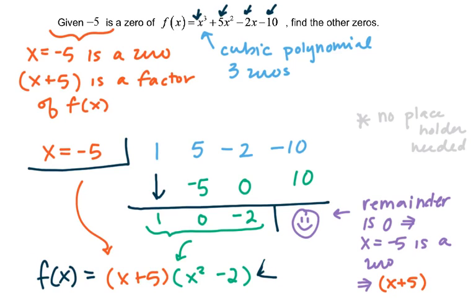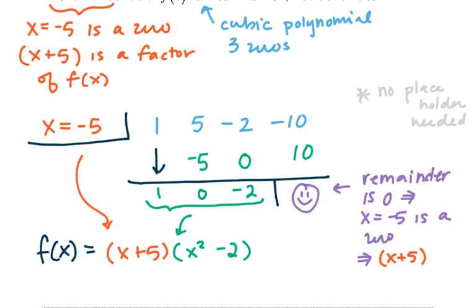Now, in order to find all of the other zeros, we are going to need to set this polynomial equal to 0 and solve. So 0 equals x plus 5 times x squared minus 2. If I set x plus 5 equal to 0, I get x equals negative 5. We knew that was going to happen.